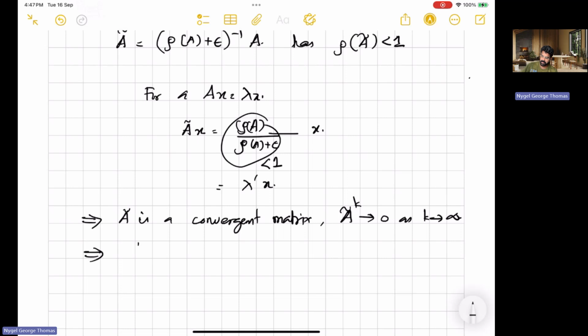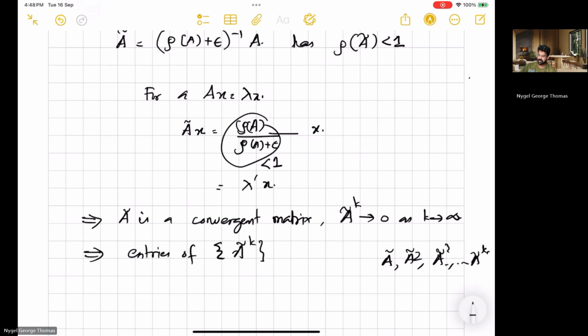So the entries of the sequence, suppose we are going from A tilde squared, A tilde cubed, etc., up to A tilde raised to k, will all be bounded.